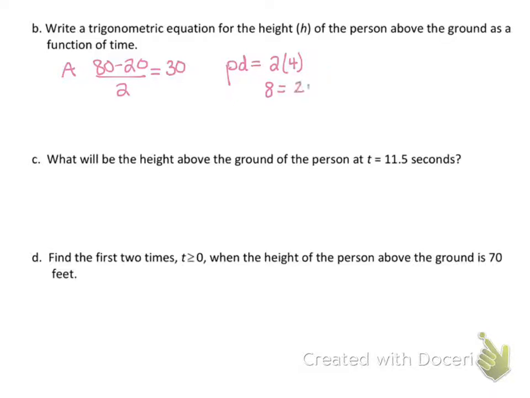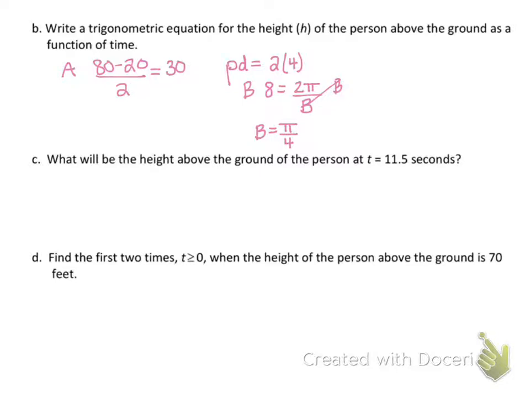equals 2 pi over b. So we have to solve for b because we're writing the equation, and our graph gave us the period. So when we solve for b, b equals pi over 4. I'm going to multiply both sides by b up here. And then when I divide by 8 on both sides, I get 2 pi over 8, which is pi over 4.